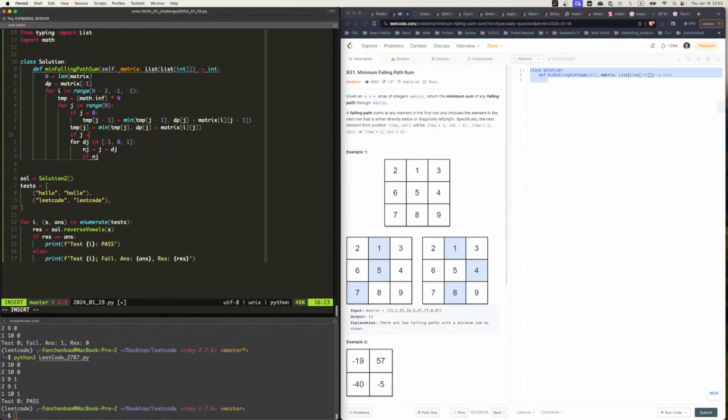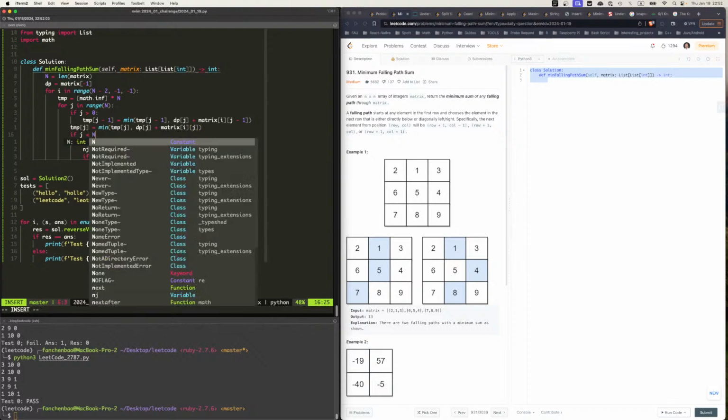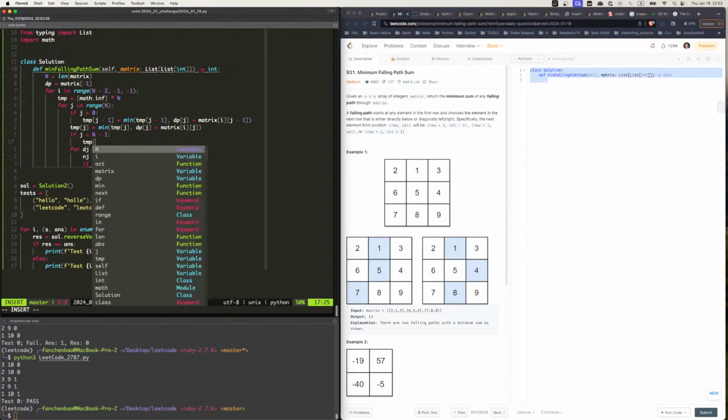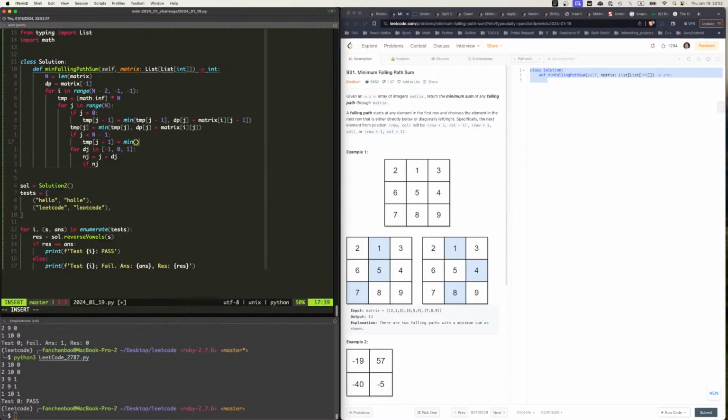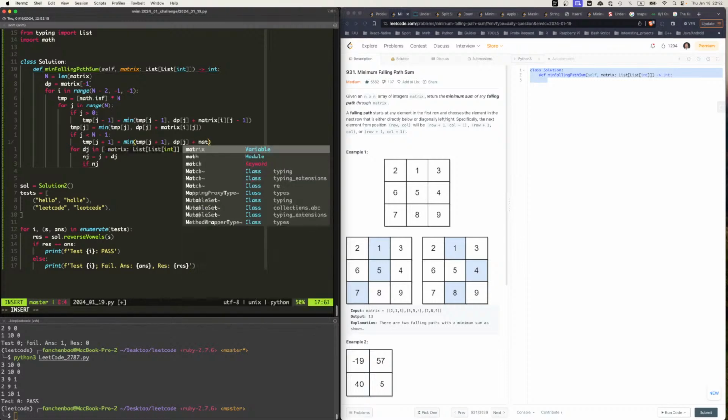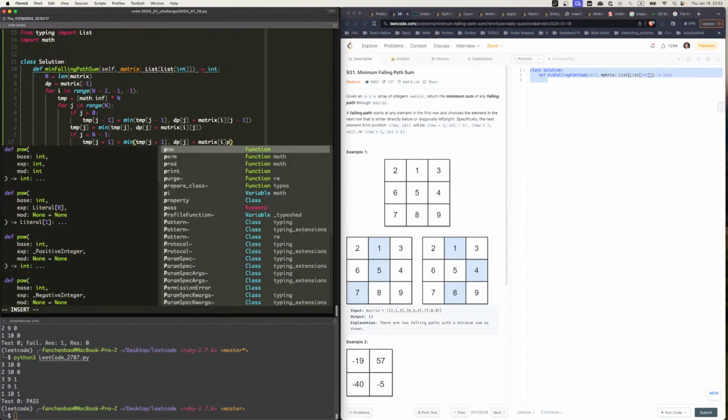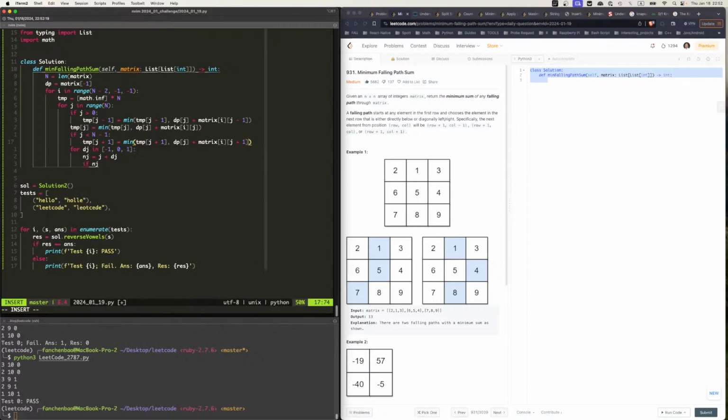If j is smaller than n-1, then temp[j+1] equals the minimum of temp[j+1] and dp[j] plus matrix[i][j+1].